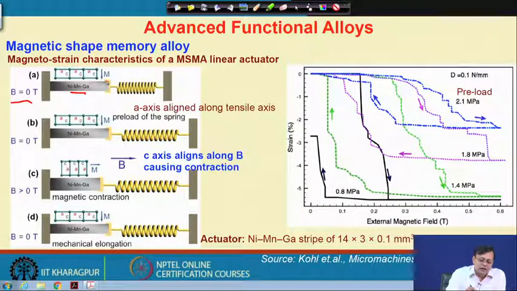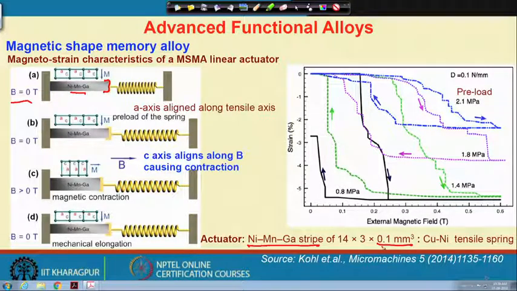Now, I hold this particular nickel manganese gallium strip, with let us say 0.1 thickness, it is very thin, with a string, that is a copper nickel tensile spring, which are kept at such a distance.